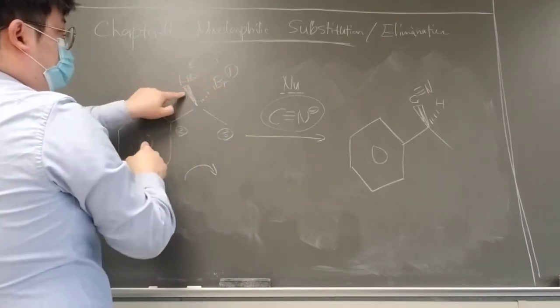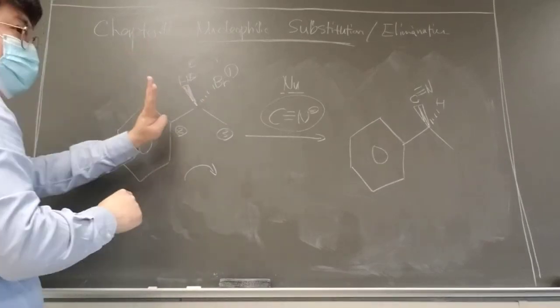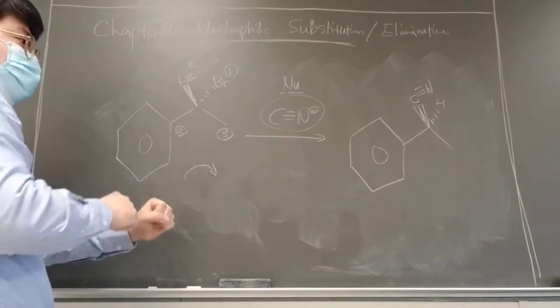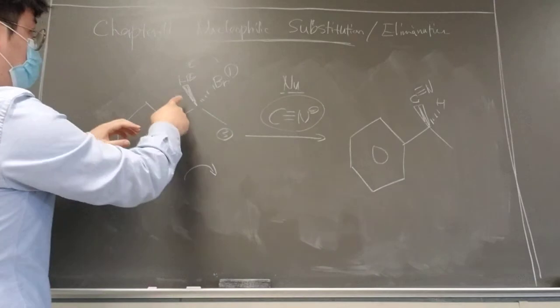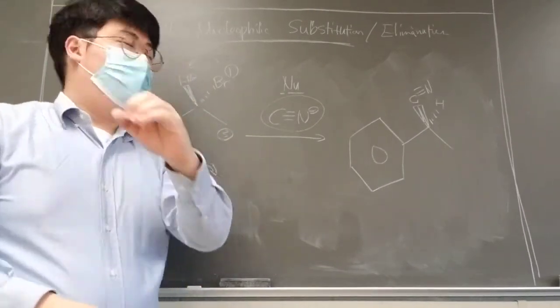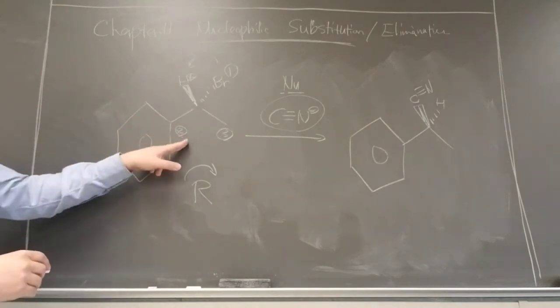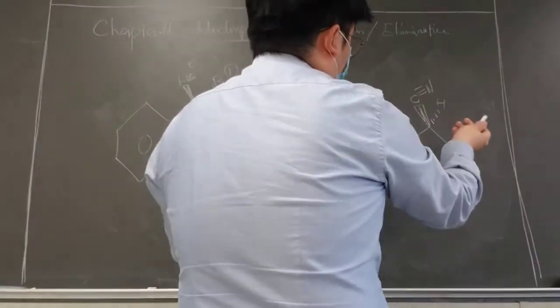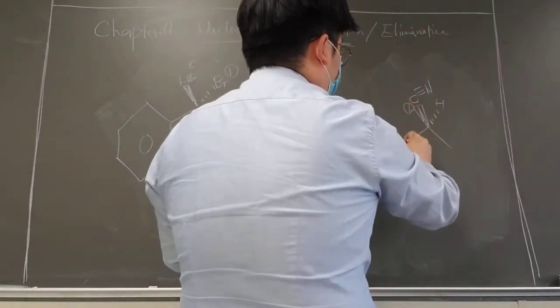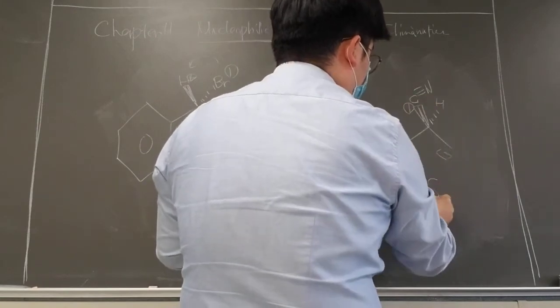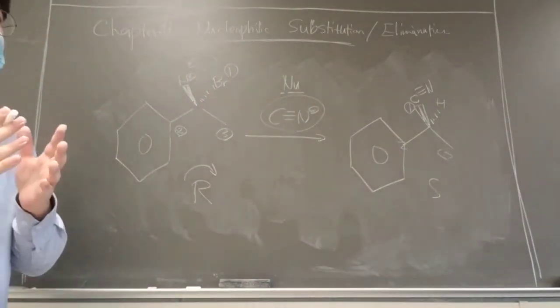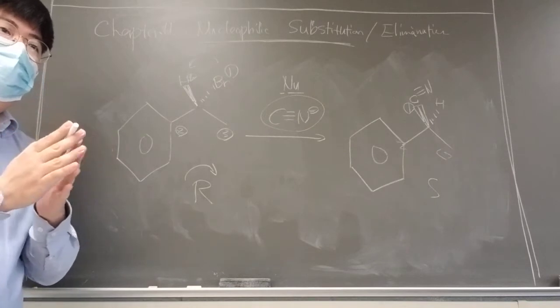But this is up front, and this number 4 always has to be on the back to look at RS configuration. So if you put it on this side, this is going to be R. Right? Okay. So that's nice. So this is the same example over and over.